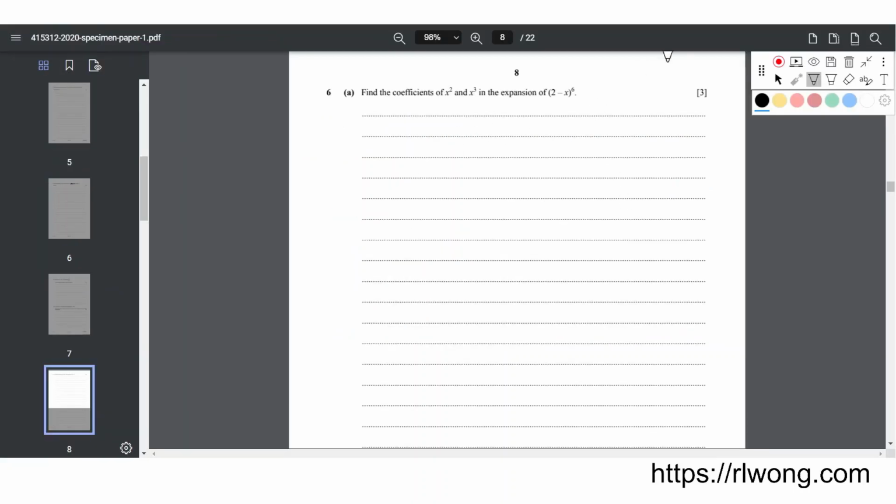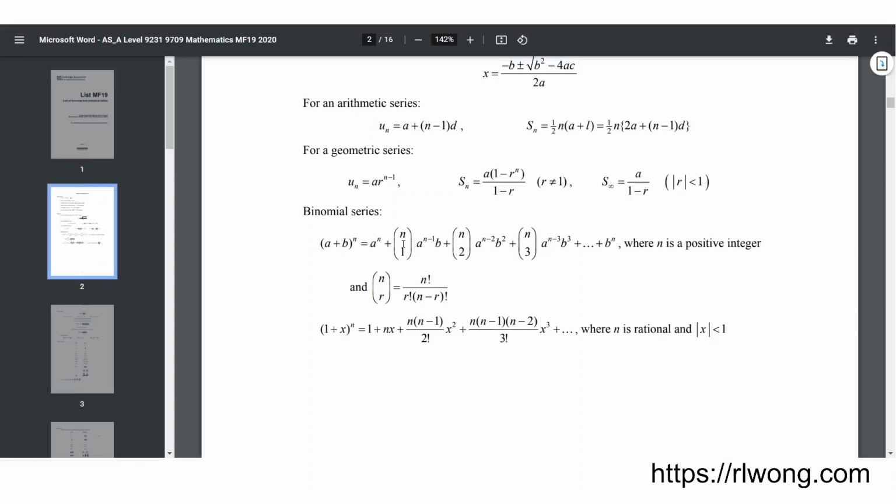So now I know that for (2 minus x) to the power of 6, let's find the term with x squared first. So for the term with x squared, we'll use this formula.